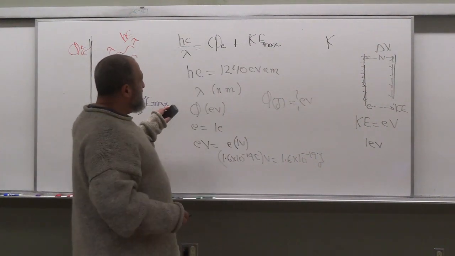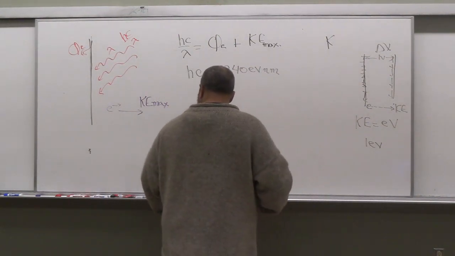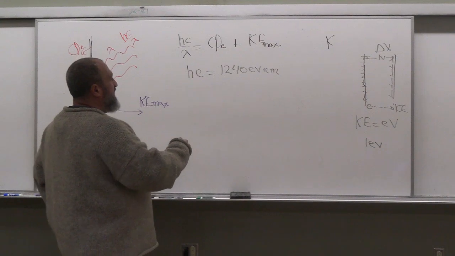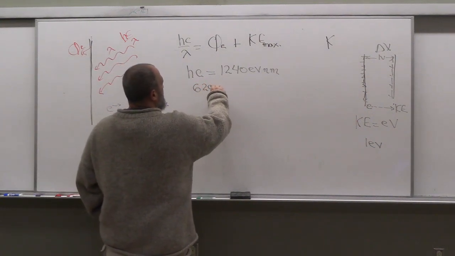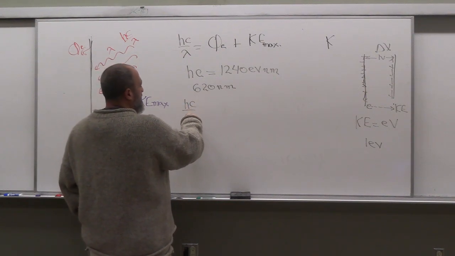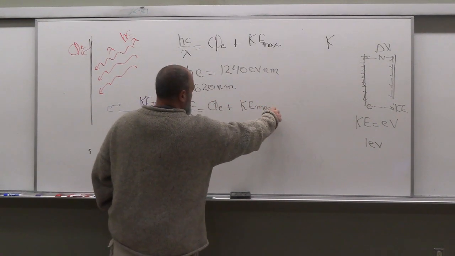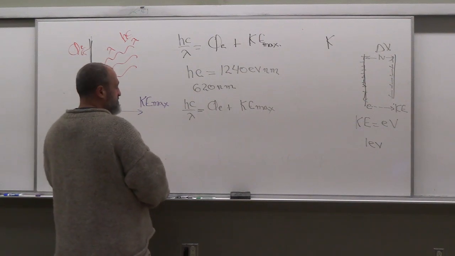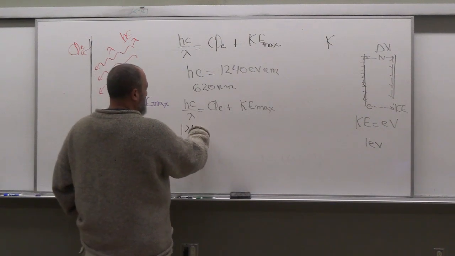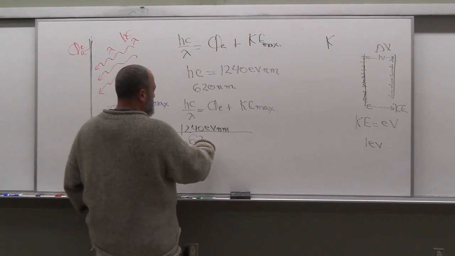All right. So let's do this calculation using this system of units. The wavelength is still 620 nanometers. We say that hc over lambda is equal to phi electric plus KE max. hc is this nice number, 1240 eV nanometers, divided by lambda, which is 620.